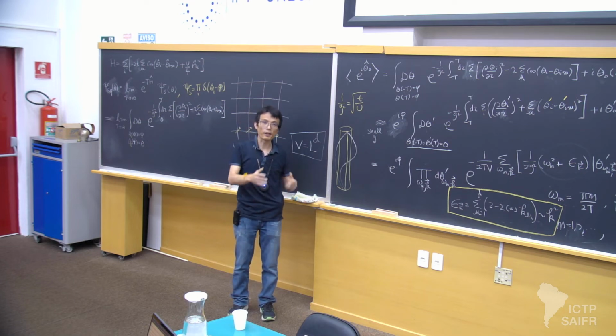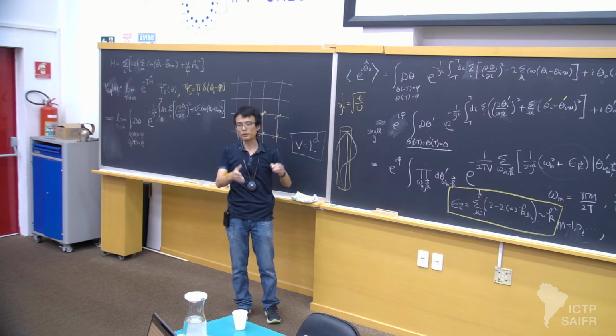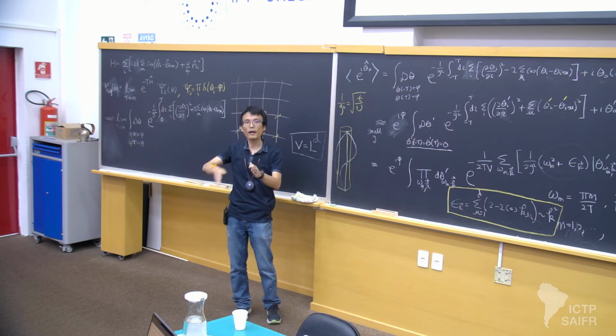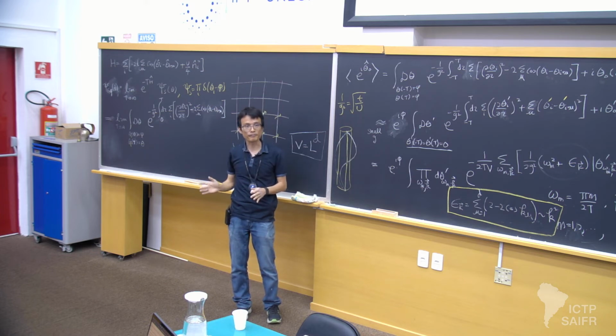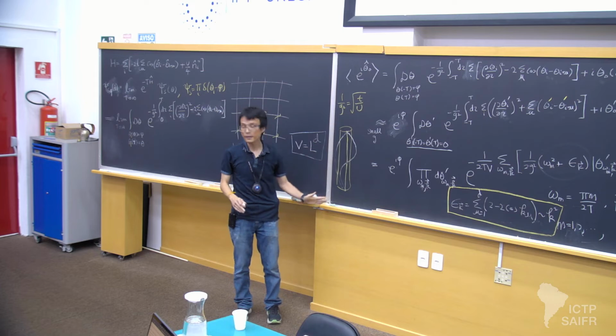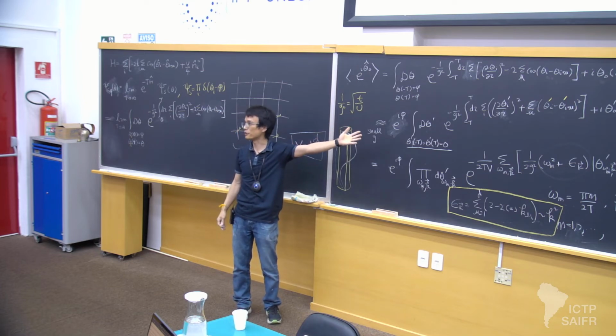So yes, there are multiple saddle points. In general, to be more complete, you have to sum over different saddle points, and around each saddle point you have to add the effect of the fluctuation. But here I have chosen the global minimum because the other contributions don't change the conclusion.